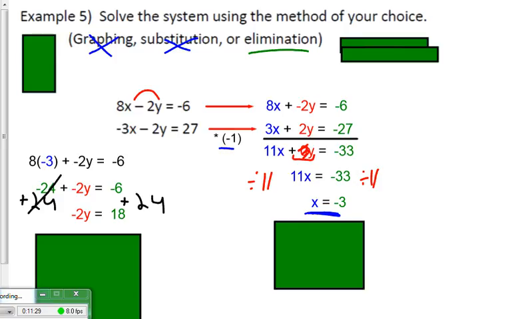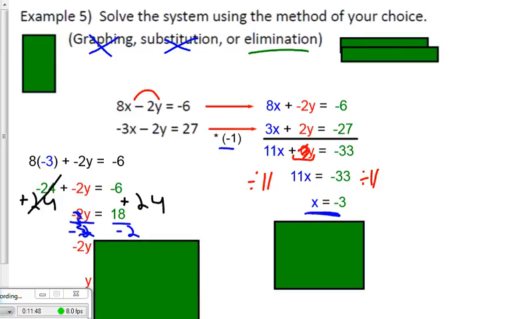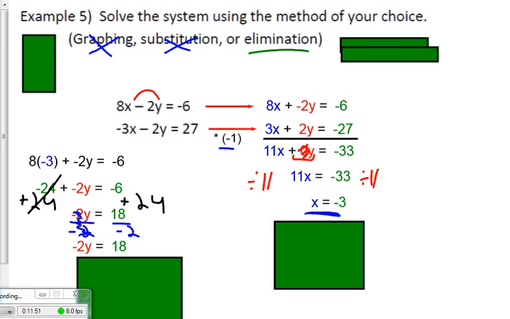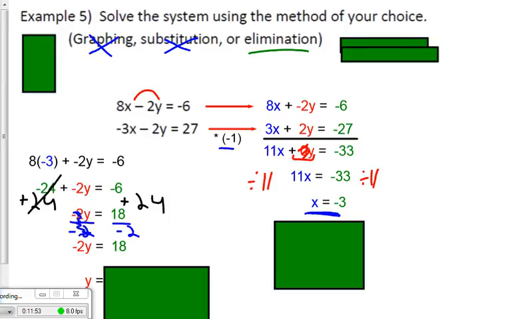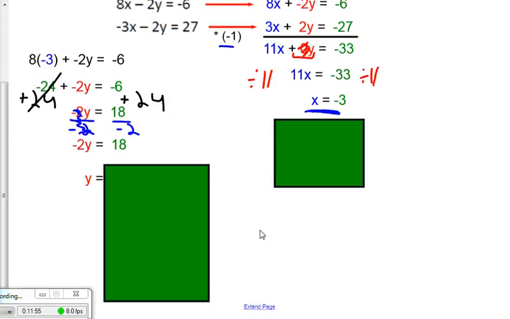Now, I've got negative 2 times y equals 18, and I want y alone. So in this case, I'm dividing by negative 2 on both sides. When I do that, that's going to get rid of this piece, so we'll just have y alone.